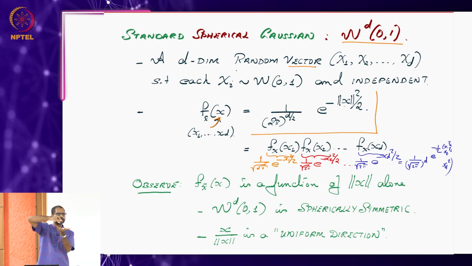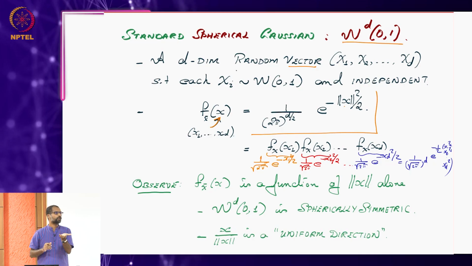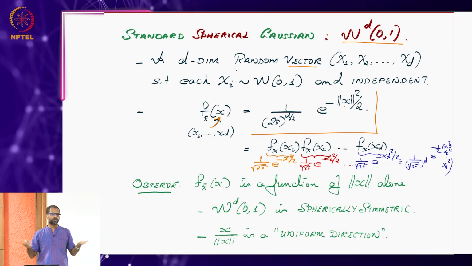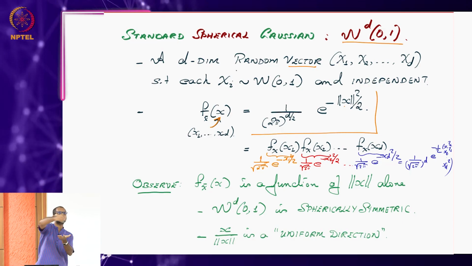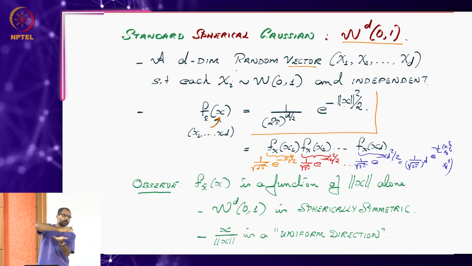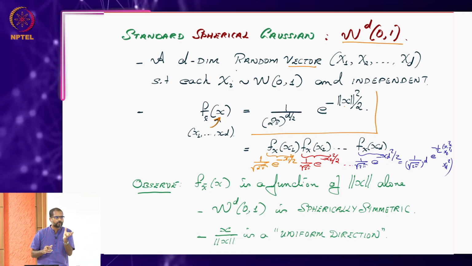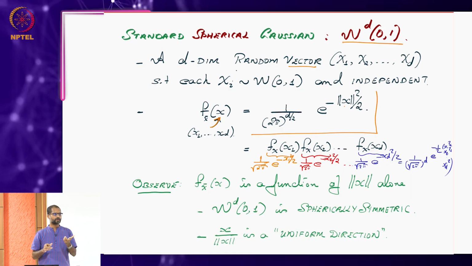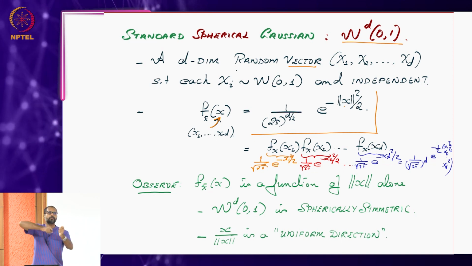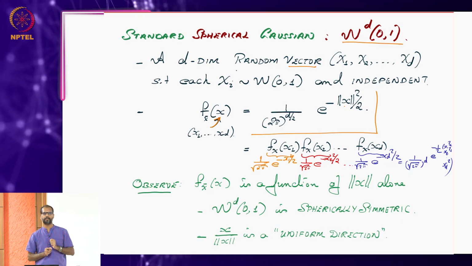Now look at all the points whose norm is 4 or 2. That would be a circle whose radius is 4 or 2. There also the height of this density is going to be the same. So there is this circular symmetry that you see. Another way to visualize it is that this bell, if you rotate it around the origin, doesn't change.